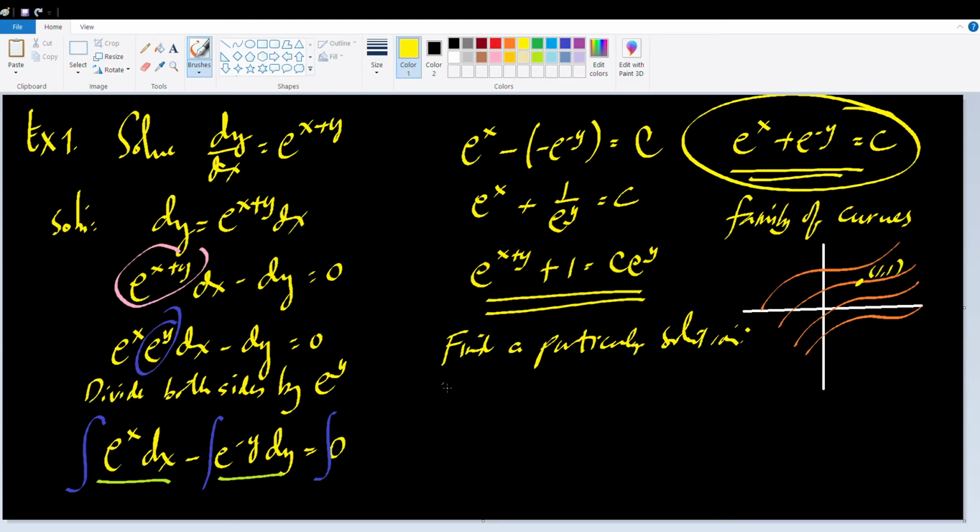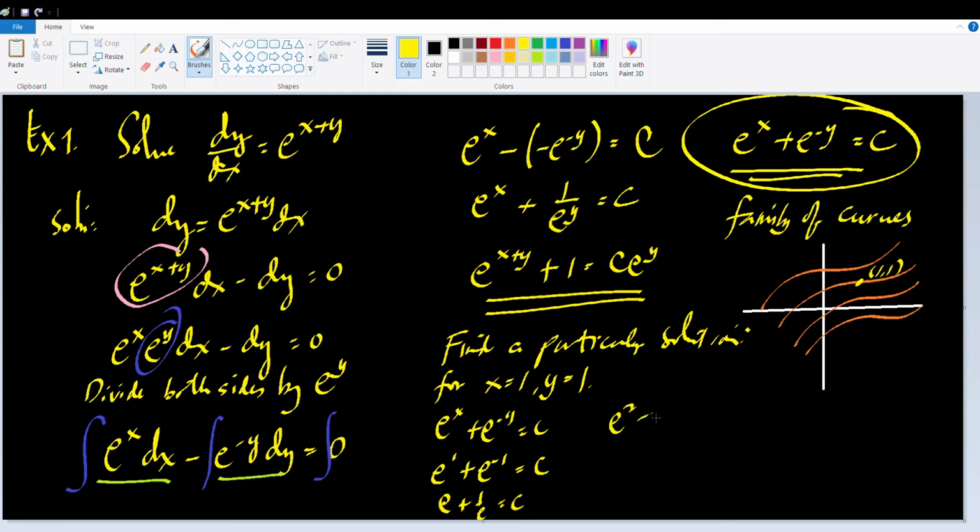So find a particular solution for x equal to 1, y equal to 1. We have e to the x plus e to the minus y equal to c, e raised to 1 plus e raised to negative 1 equal to c. So your c is e plus 1 over e, or e squared plus 1 over e.